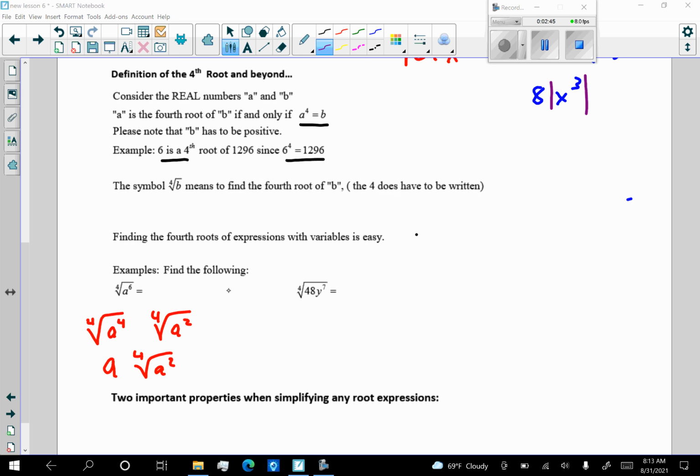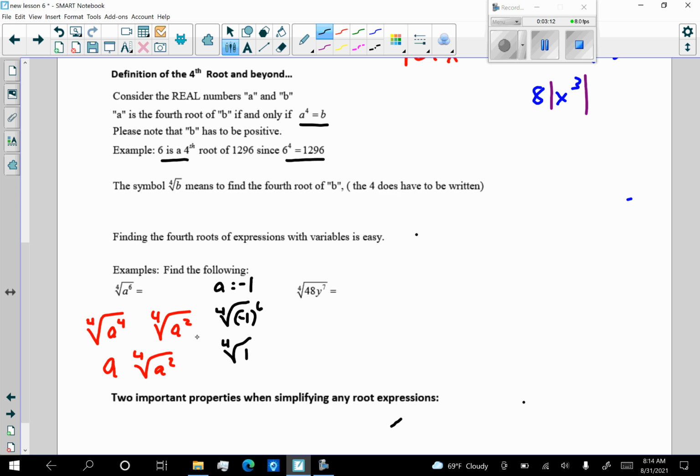And these are the things we have to think about. If a was equal to -1, then I have the fourth root of -1 to the sixth. And what is -1 to the sixth? -1 to the sixth is +1. So that would be the fourth root of 1, and the fourth root of 1 is 1.